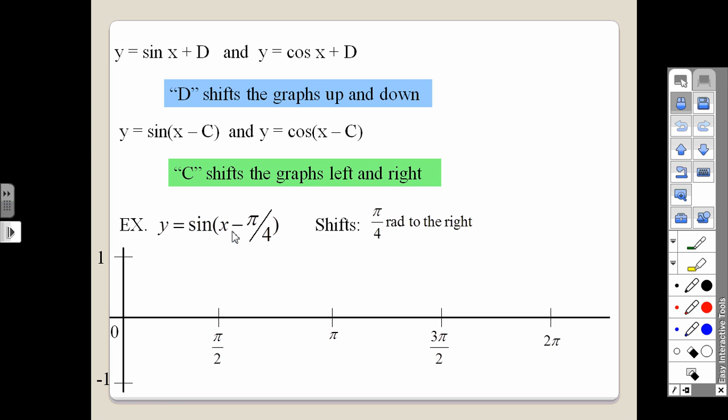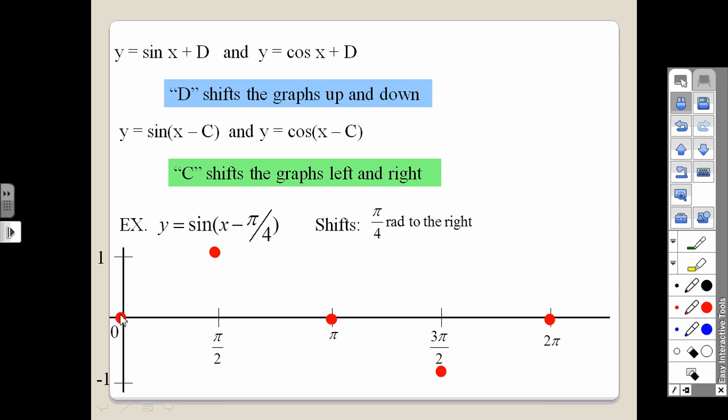Okay, so first of all, what I'm going to do in red is graph the normal sine curve. So we have here up to 1, 0, -1, and there we go. I'm not going to actually draw in the curve. I'm just going to use these basic points, these 5 points, which are all going to get shifted pi over 4 units, or pi over 4 radians, to the right.